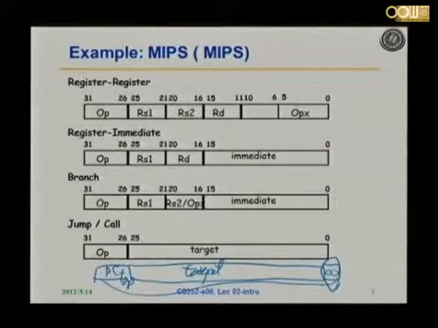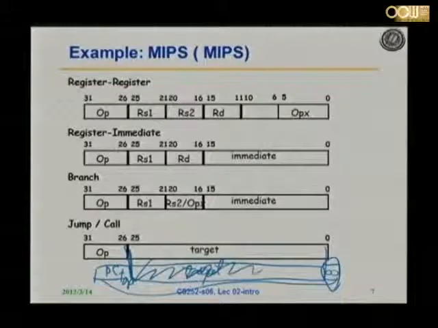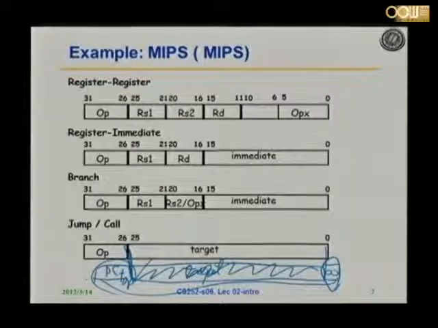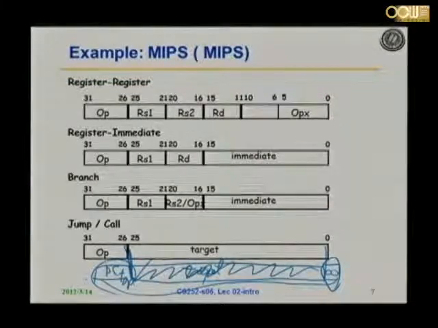So we have two least significant zeros all the time. So this target goes into this field, and we use the same current PC top bits for the top bits of the direct address. Okay, so we call this pseudo direct addressing mode.